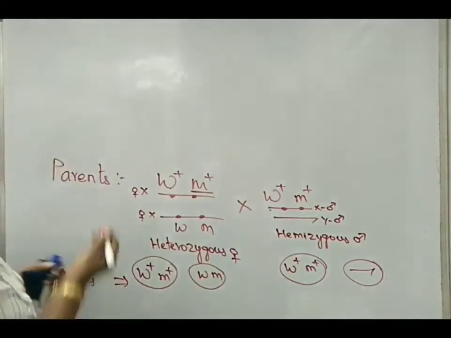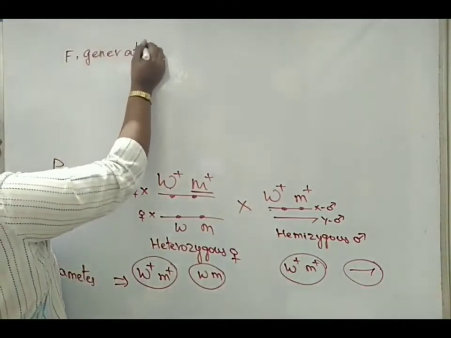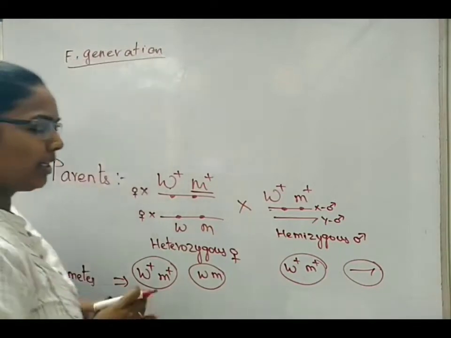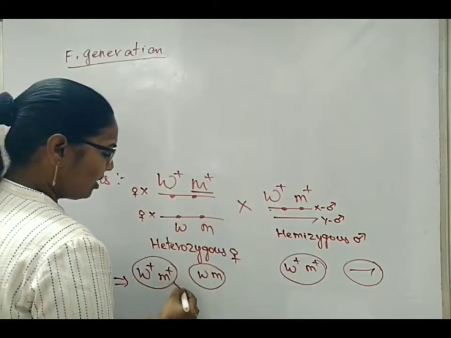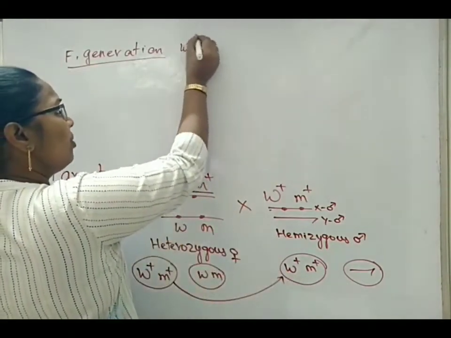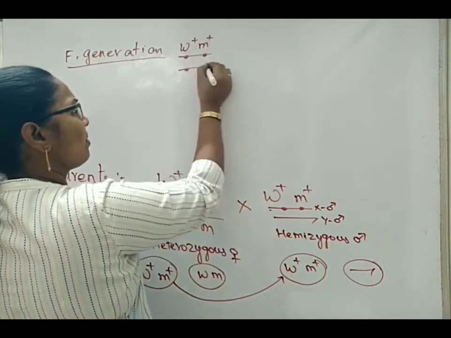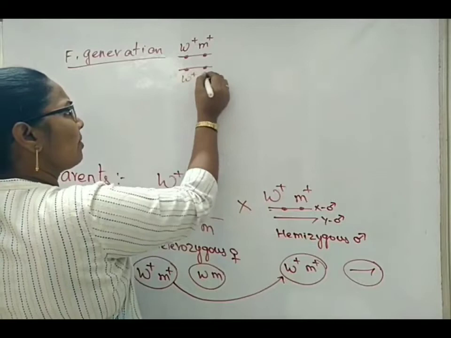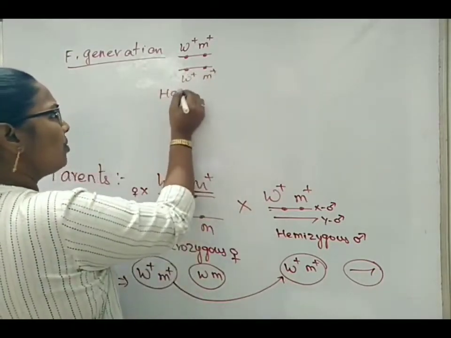Now let's write the F1 generation. The offsprings obtained are, if we cross this X of female with the X of male chromosome, then there will be a homozygous female. If the cross is like this, then it is a homozygous female.